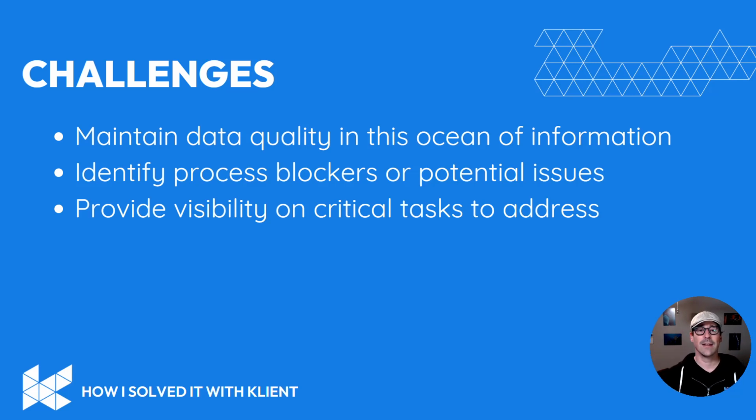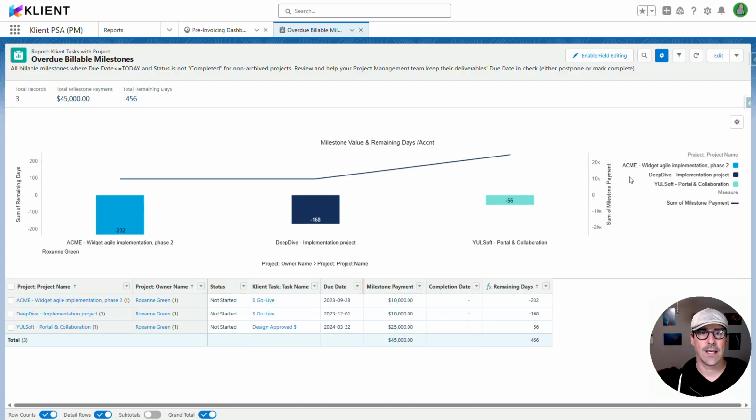How do we identify process blockers or things that might be an issue so that we have a process that runs smoothly and we address or tackle potential problems with our customer before they become one? And then how do we provide visibility on critical tasks that need to be addressed? These are just a few challenges, obviously, but they can eventually be addressed using an exception report.